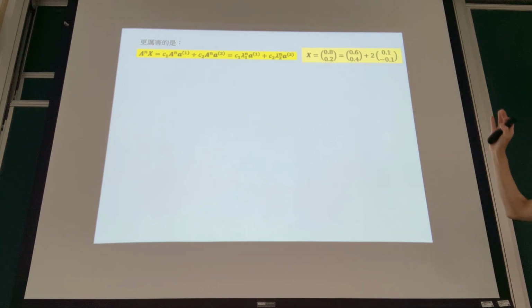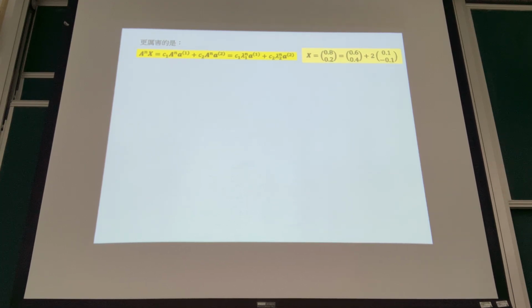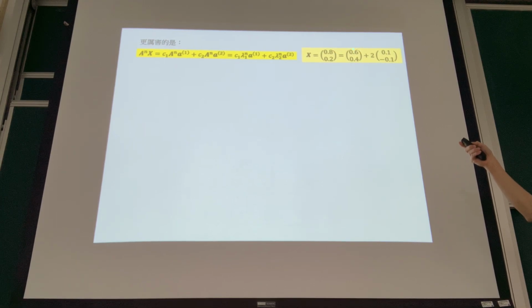It's complicated, it's abstract. Let me show you an example. Take any x, for example 0.8 and 0.2. As I showed you earlier, it could be decomposed into a combination of one eigenvector and the other: 0.8, 0.2 is this eigenvector plus 2 times this eigenvector.